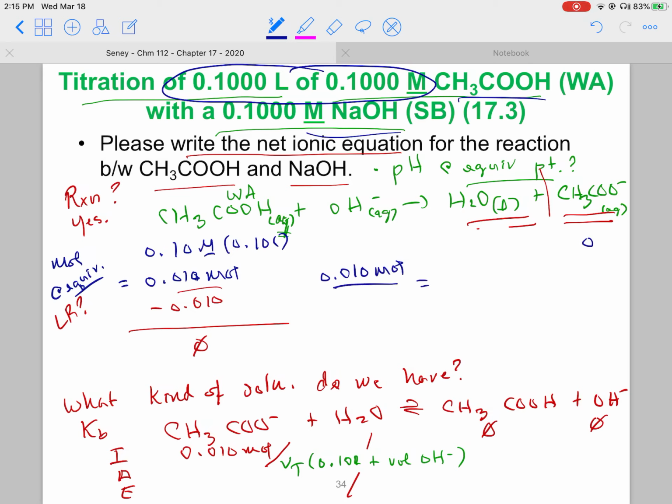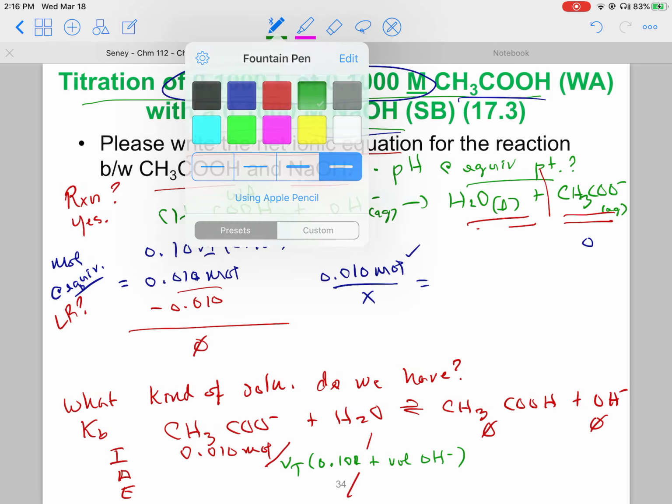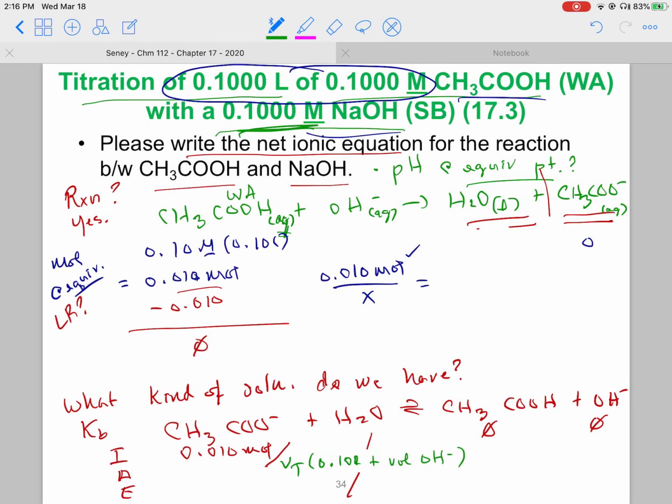But remember, we have an equation called molarity, and that molarity is equal to moles over volume. Do we have the moles? Yes. Are we looking for volume? Absolutely. And then we have our molarity. And so our molarity that we've been given was, according to the problem, 0.1 molar. So I can solve and find out that X ends up being 0.10 liters as well. So that's how much it took to deliver 0.01 moles of hydroxide.